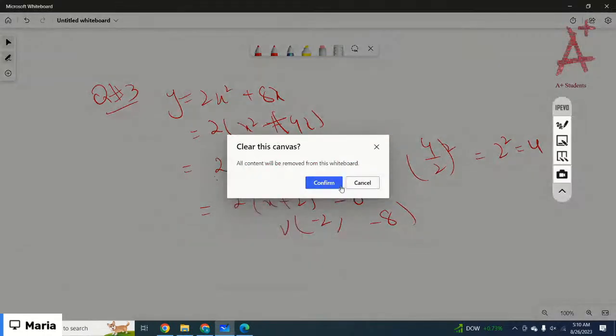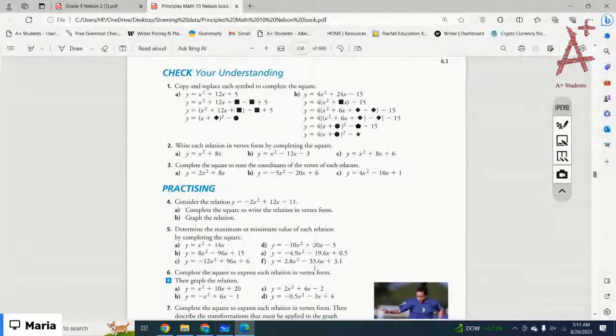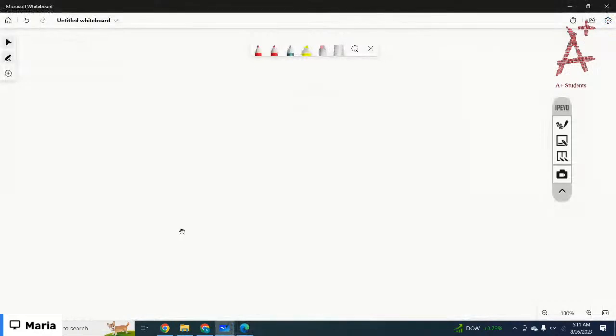Let's do the C part, that is y equals 4x square minus 10x plus 1. From here you can take 4 common, so x square minus 10 divided by 4 is 2.5x, plus 1, right?